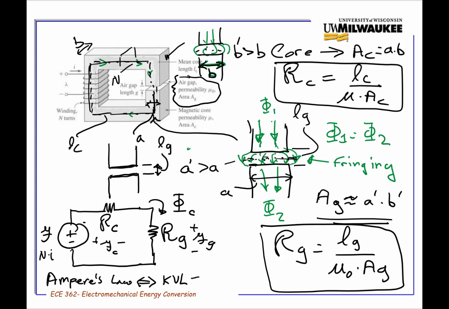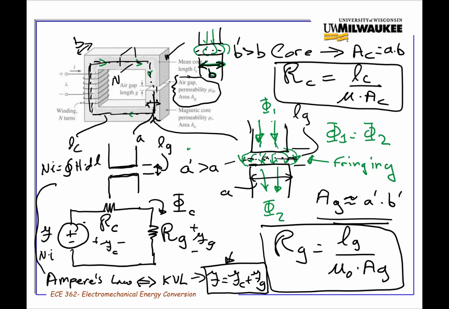It basically says that the F that's applied is equal to the F of the core plus the F of the gap. That is what Ampere's law would tell me if I were to apply it in its integral form, which is N times I equals the integral of H dot dl. It's going to give me this expression right here.